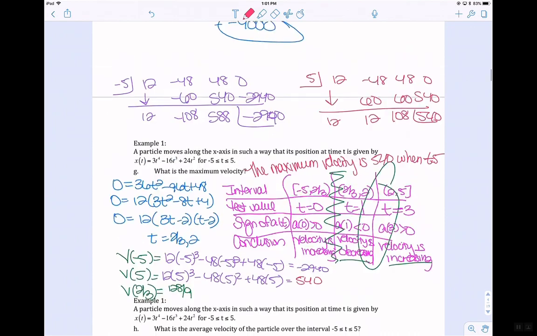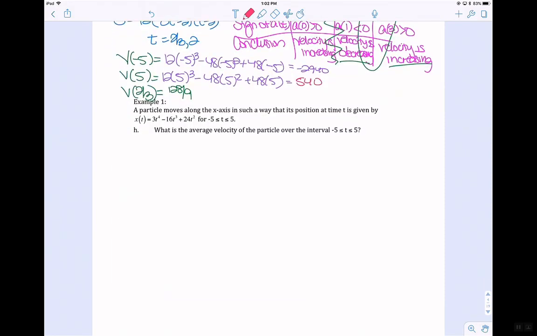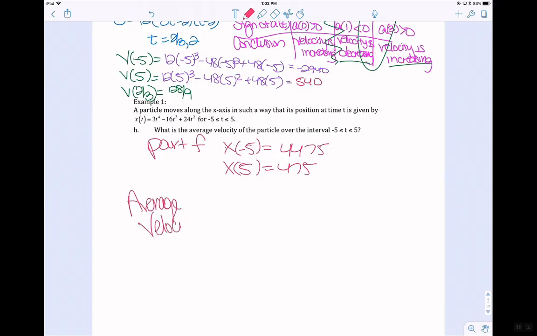Okay? So now average velocity is the change in position divided by the change in time. So we know from part F that x of -5 is 4475 and x of 5 is 475. So average velocity is equal to x of 5 minus x of -5 divided by 5 minus the -5.